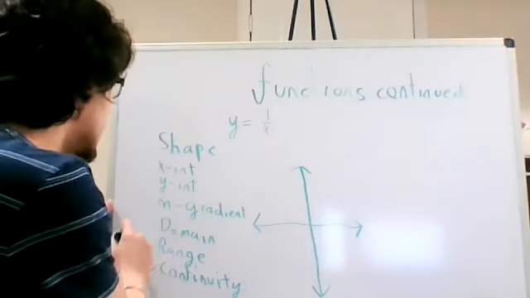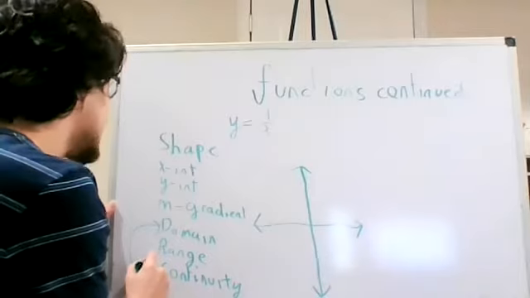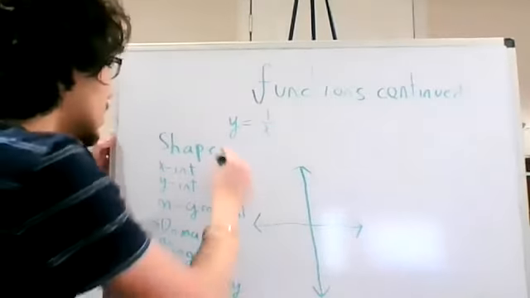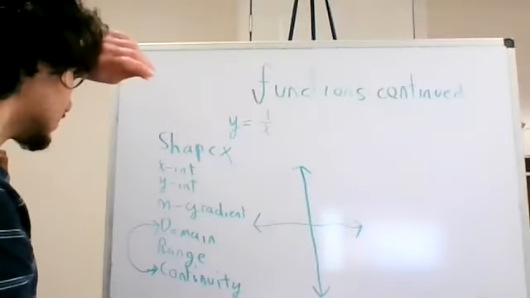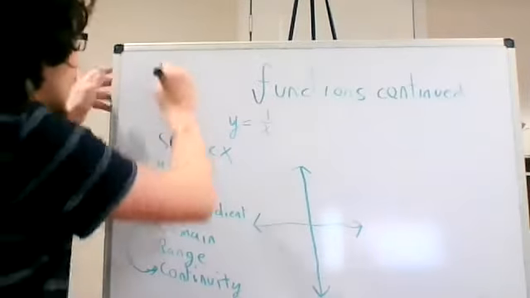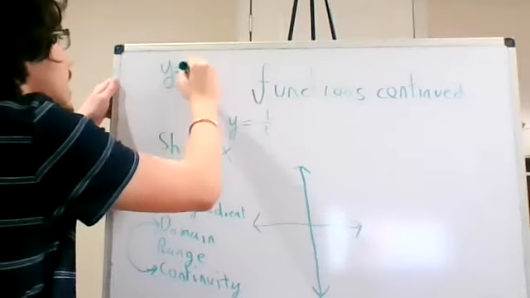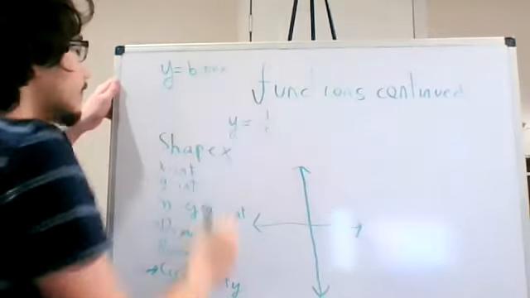So these are, for now, essentially the same thing as far as you're concerned. So we don't know what the shape is. We do know that the standard form of a function is y equals b plus mx.